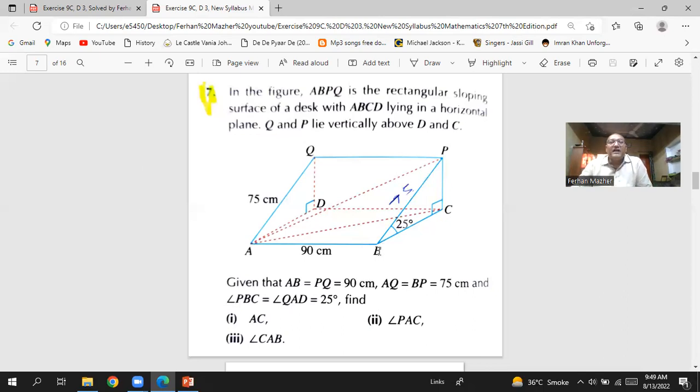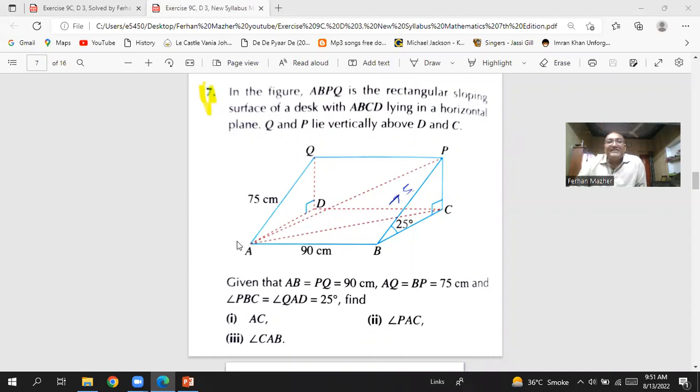You see, this BP is 75 centimeter. This BCP is a right angle triangle. Basically, we want to find AC.